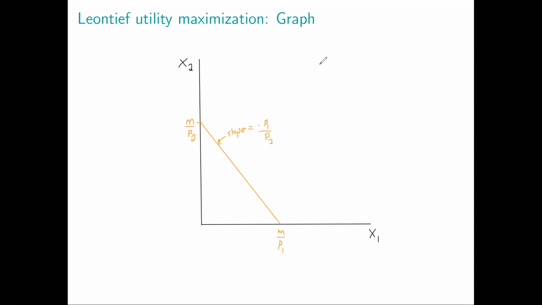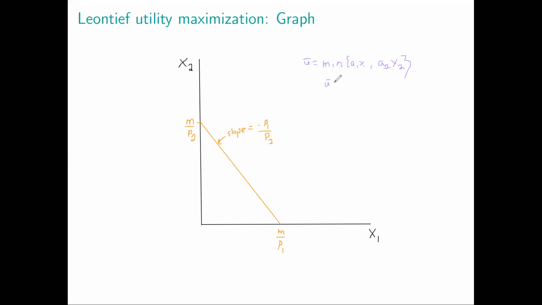Again, we can graph the indifference curves. Recall this will happen when u bar equals min of a1 x1 and a2 x2. The way we're going to do this is look at the corner.